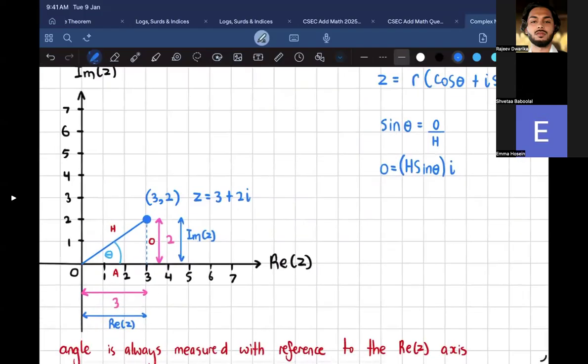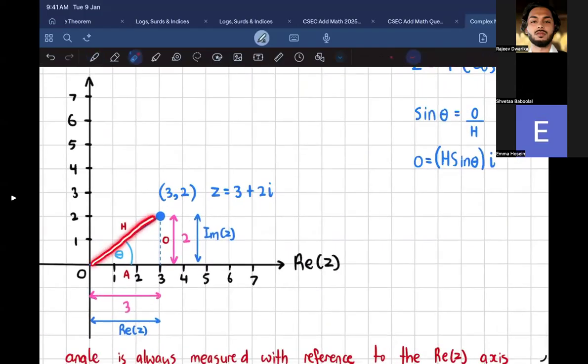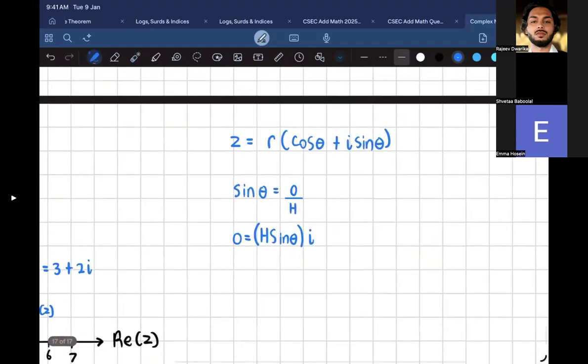Again, we're using H. If I want to figure out which trig ratio represents the real part, I have to use H and A. So which trig ratio has A and H in it? Cos.